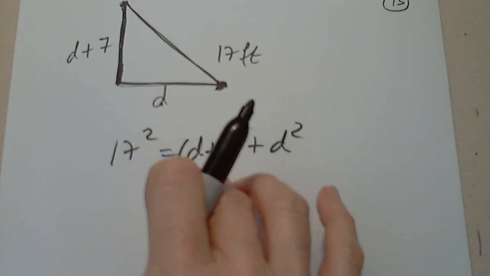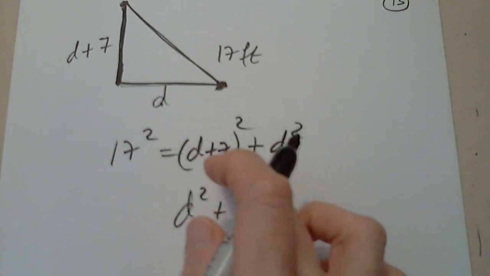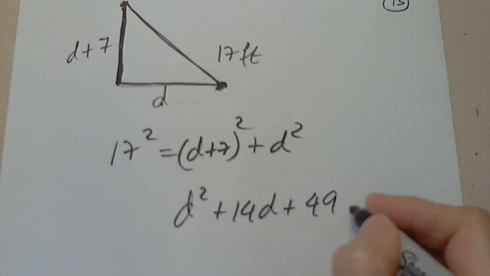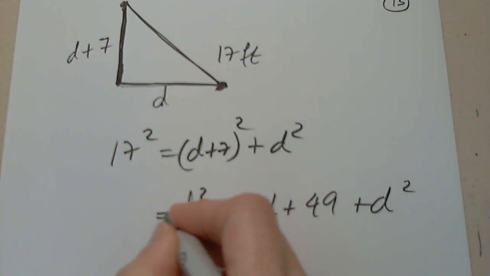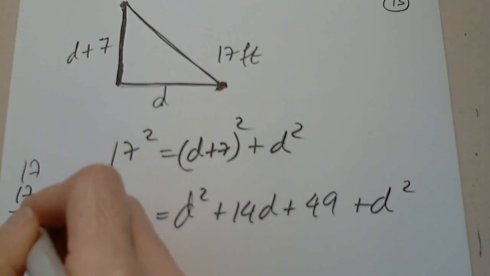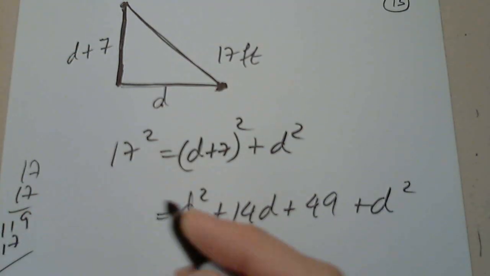If you don't get 3 terms here, then you have a problem. d squared plus 2 times the first times the second plus the second term squared. And what is 17 squared? So I got 289.